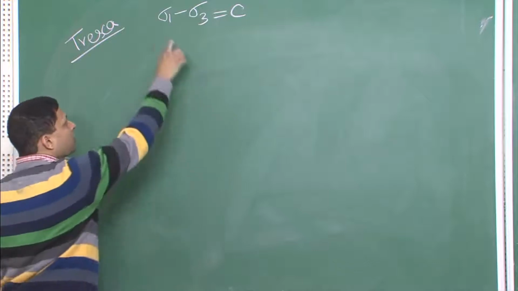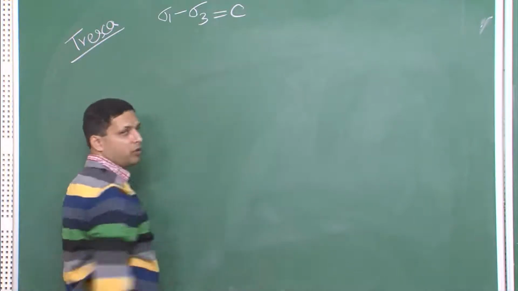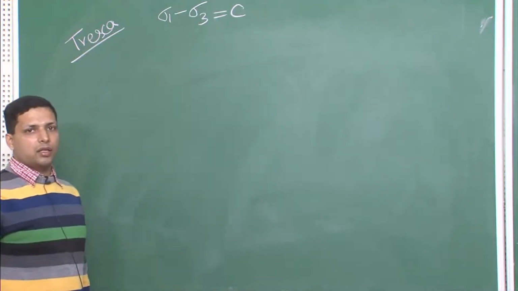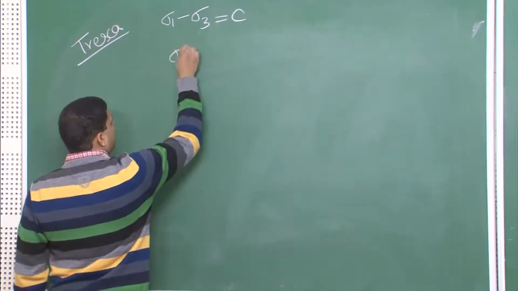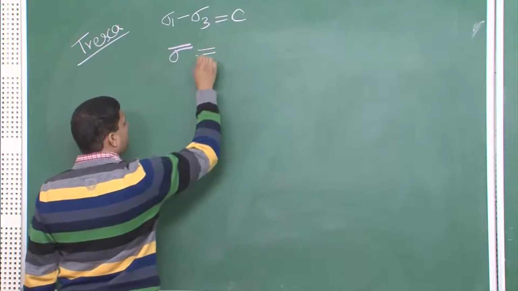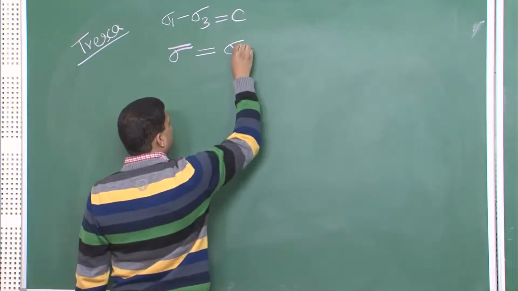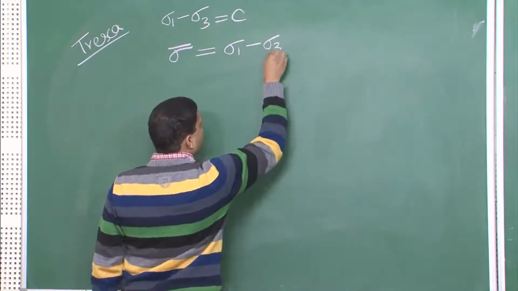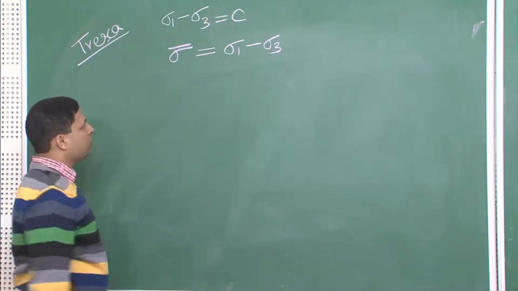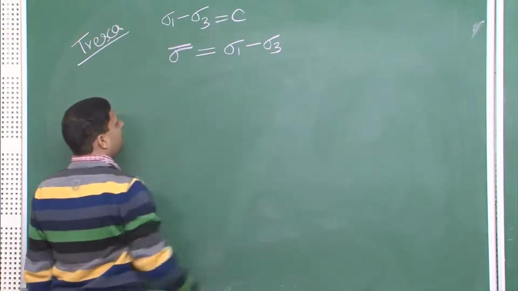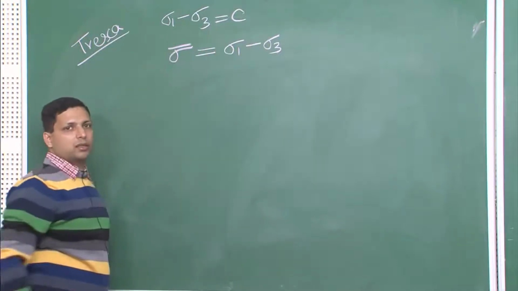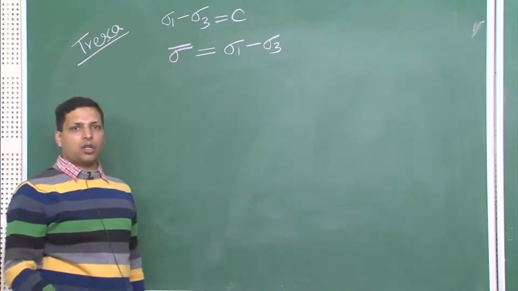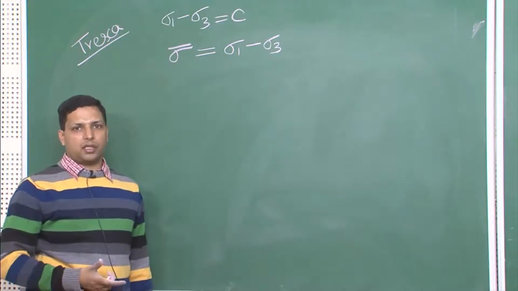Now you see these are stress terms. So, this C value also has a unit of stress, and therefore, we can define sigma effective as sigma 1 minus sigma 3. So, now instead of this being a critical value, we are saying just find out whatever the value is, and that is the effective effect of all the different stresses.